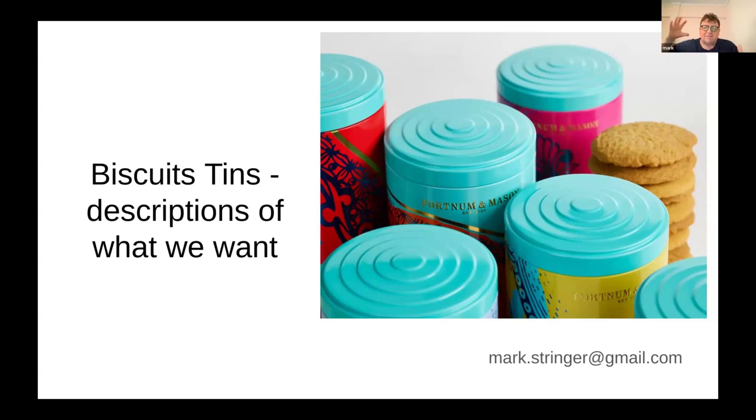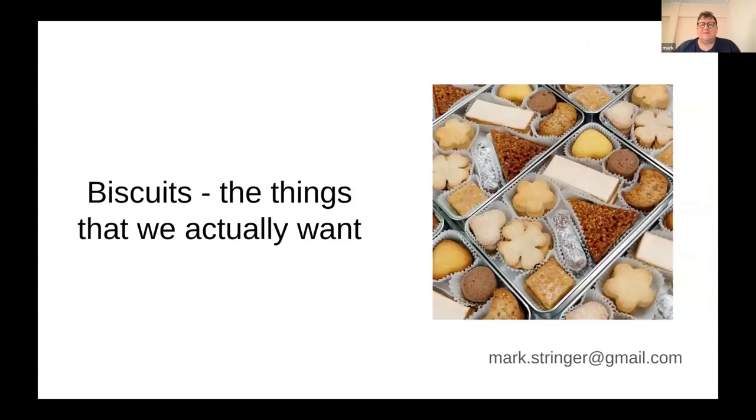But you can have a very elaborate description of something. The crucial thing to understand is that the biscuits themselves are something different, and they're what we actually want. What we want is something that's sweet and nice to taste and is nourishing.